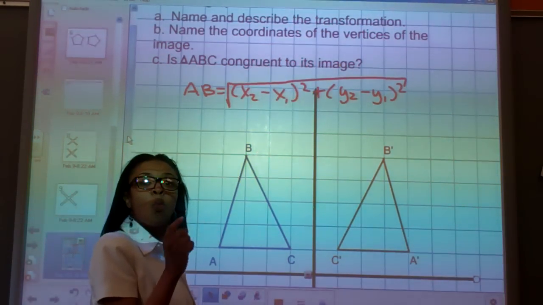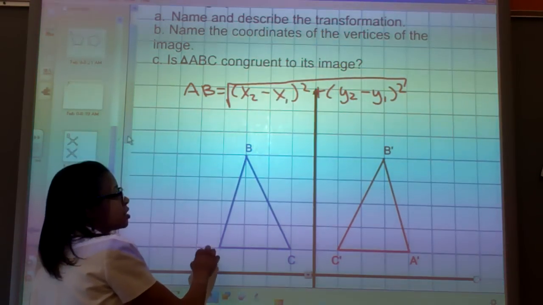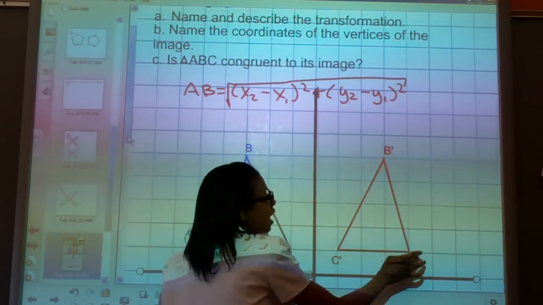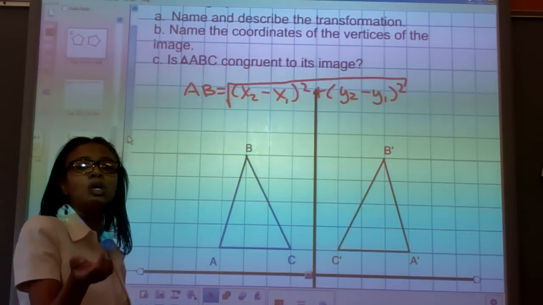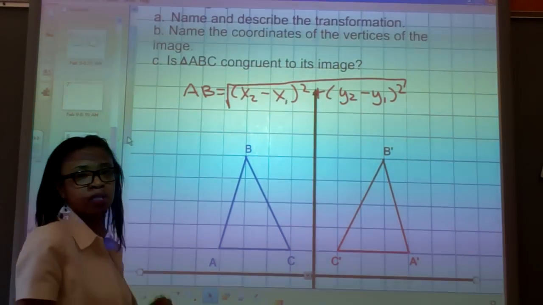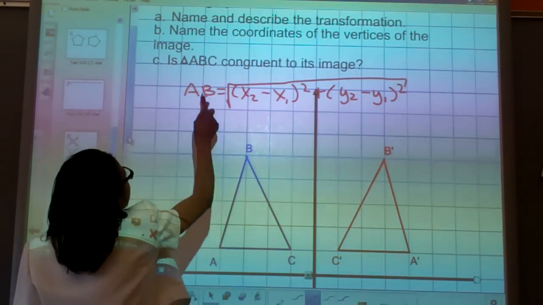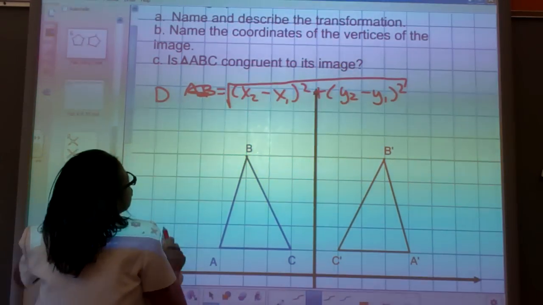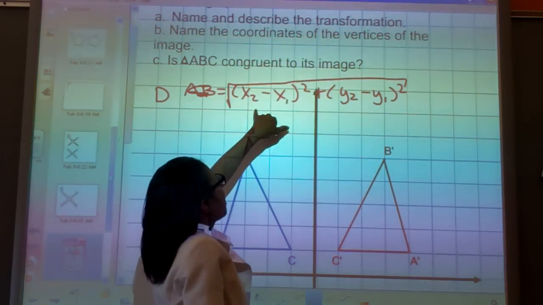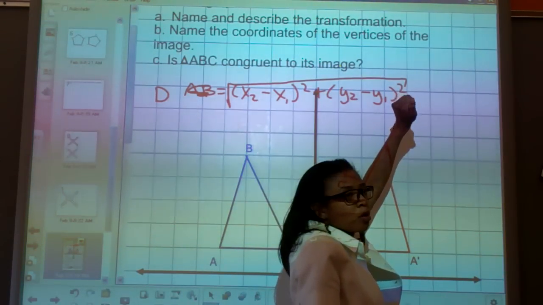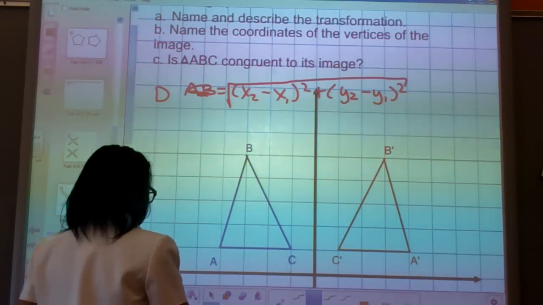Well, one way to determine if the side lengths are the same is to find out if AB is the same length as A prime B prime. And you can do that using the distance equation. You remember the distance equation: d equals the square root of x sub 2 minus x sub 1 squared plus y sub 2 minus y sub 1 squared, back in chapter 1.